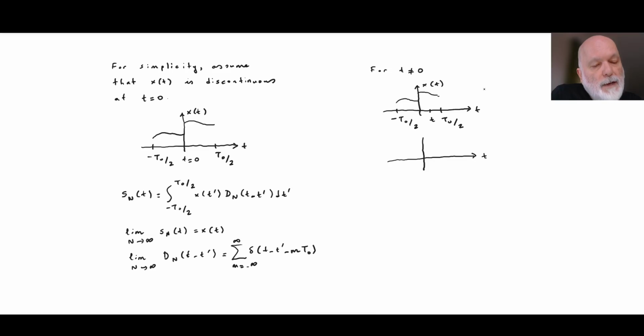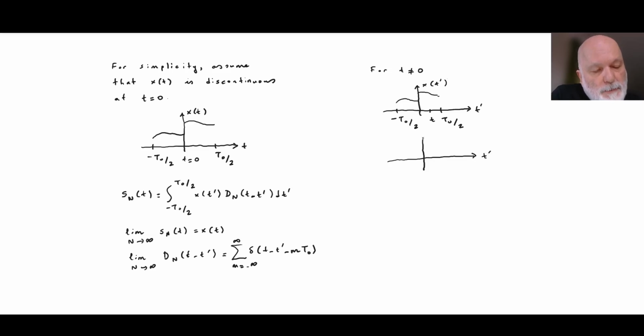So we have the primed coordinate. Let us draw this in terms of the prime coordinate, x of t prime.